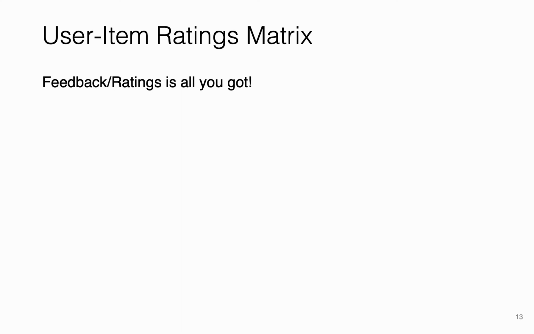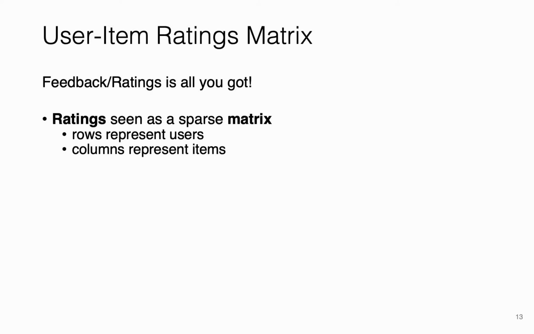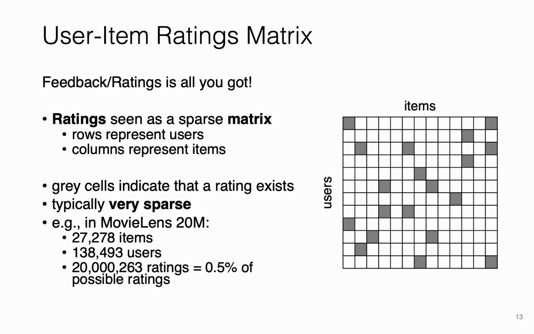In collaborative filtering, all you have to work with are the ratings of users to items. These ratings can be organized into a matrix where rows represent users and columns represent items. In the matrix shown on the right, we draw as gray those cells which correspond to observed ratings.